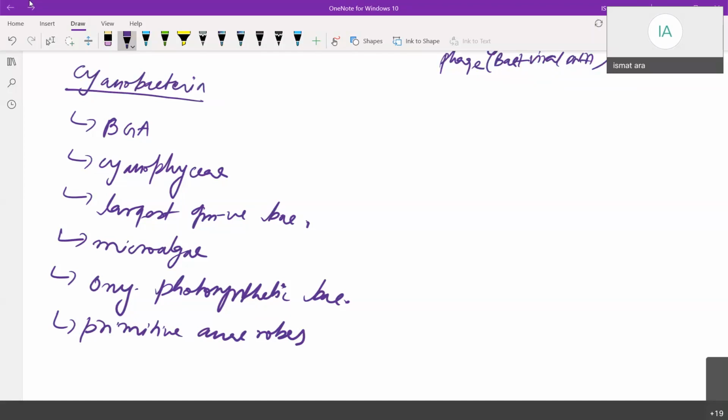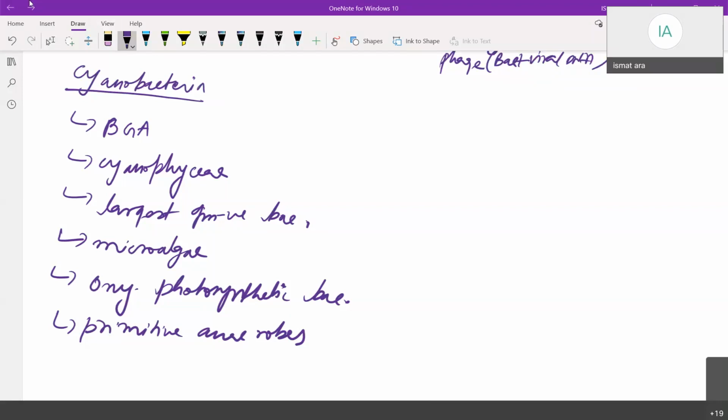So during the evolution of earth, oxygen first came into the earth with the help of the cyanobacteria. The cyanobacteria perform photosynthesis. That is why they are primitive anaerobes.